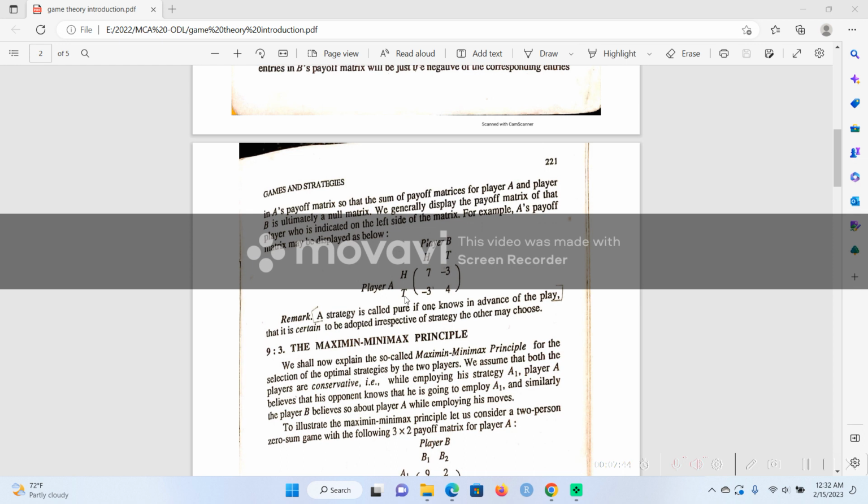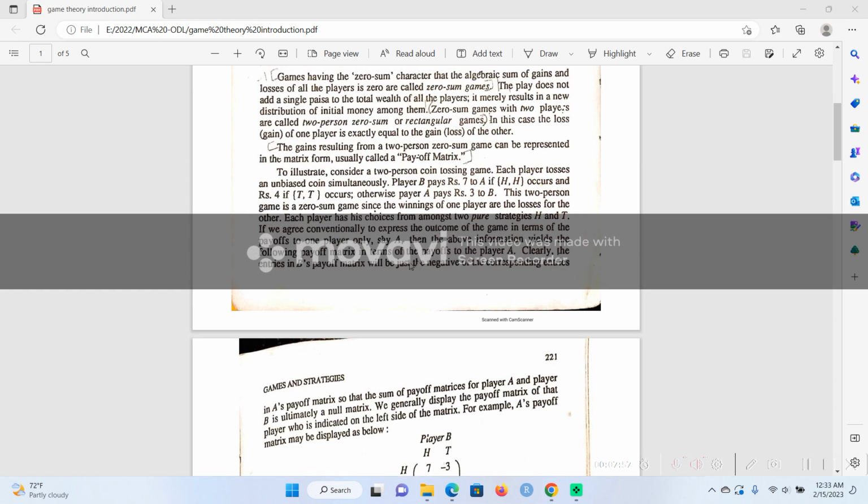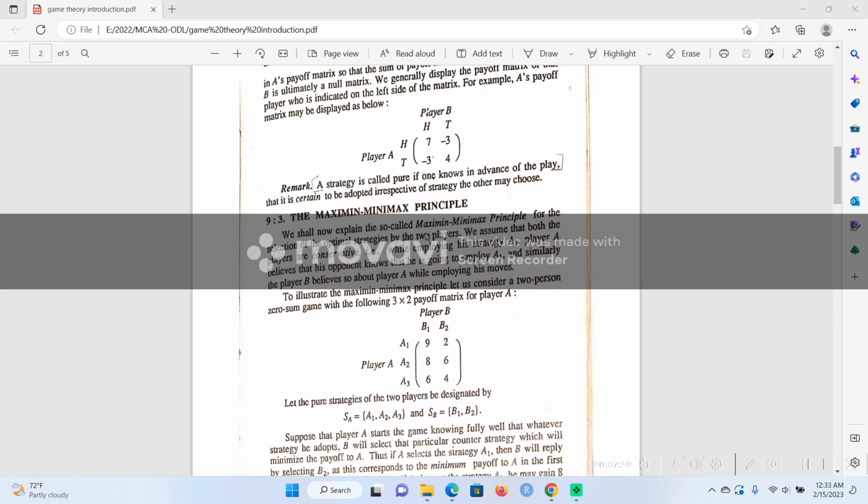Similarly, for T and T, both coins show tail, then player B gives rupees 4 to player A. We assumed that in our problem. This is a gain for player A, so it is denoted by 4. And for the otherwise case, that is, one coin shows head and another shows tail.